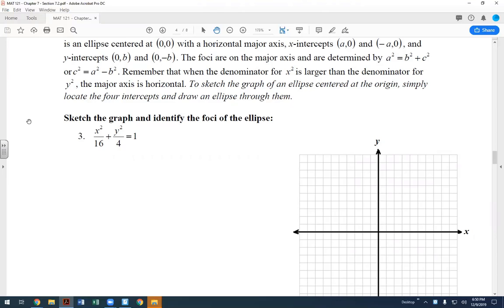So which variable has a larger denominator? X, right? X has the 16 underneath it, the Y has the 4. So that tells me we have a horizontal major axis, okay? Because the larger denominator is under X, so that X axis ends up becoming the larger one.